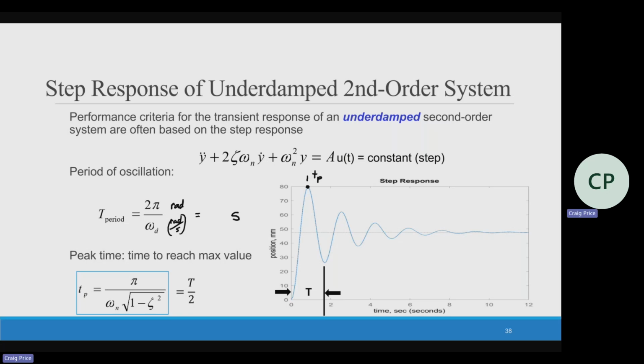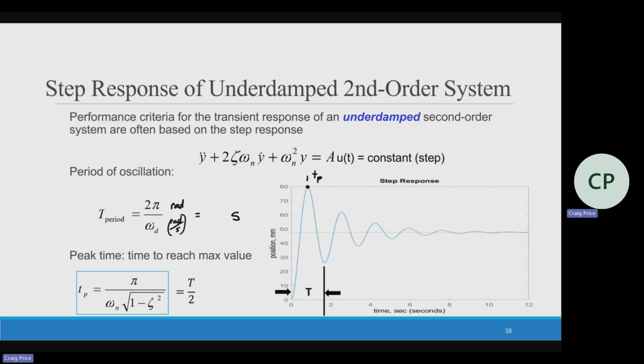Performance criteria. Let's see. So I have it in standard form. These are other equations on the equation sheet. For example, once I know the damped frequency from that last slide, I can take 2 pi radians over that, and that tells me the period, which I can look at either peak to peak or valley to valley.